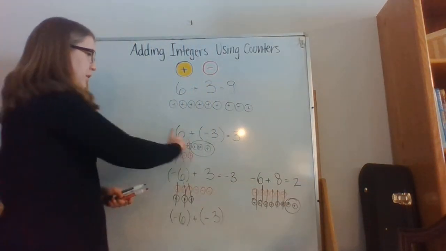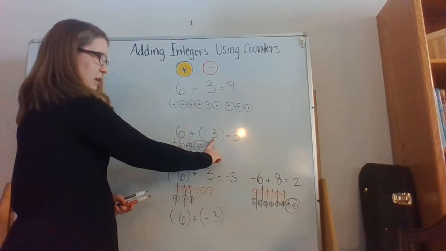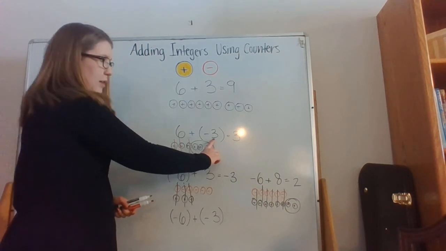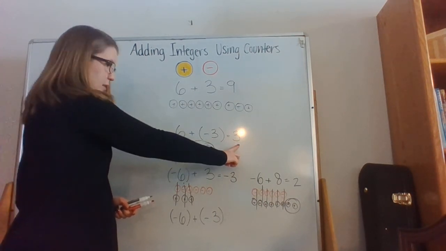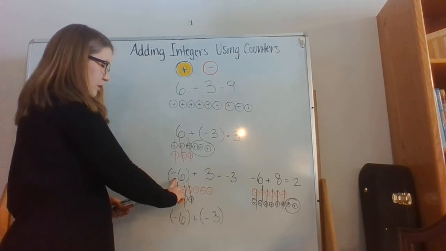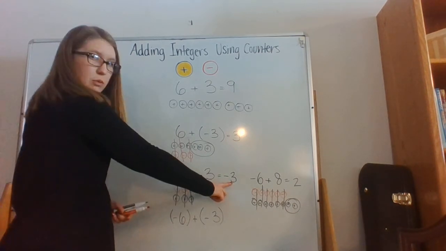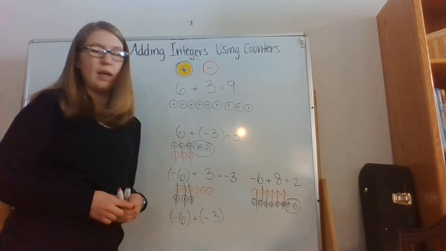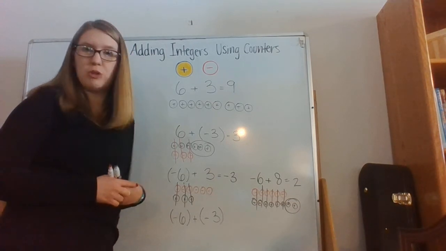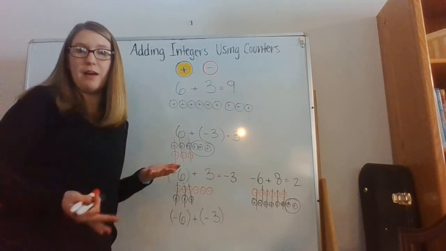So I don't want you to assume that just because the negative is the second number here that the answer will be positive, or that the negative, because it's the first number here, the answer will be negative. That's not the way that adding and subtracting works. I have to look at the values.